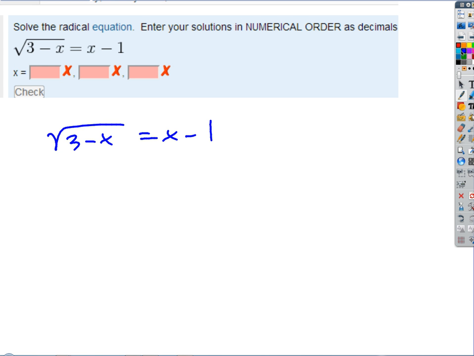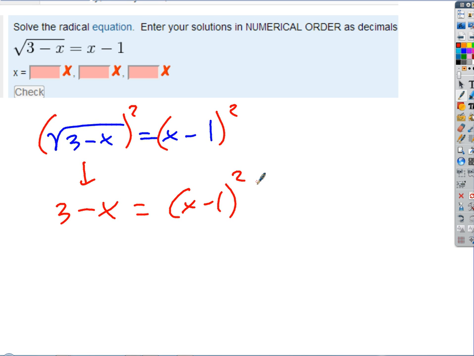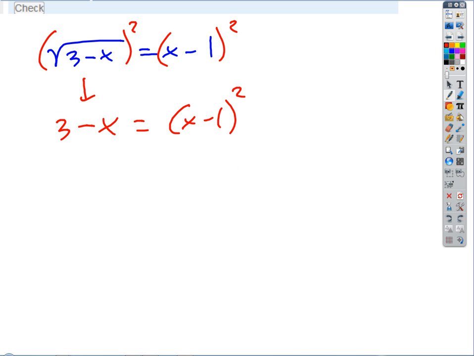I'm going to square both sides. What am I going to get over here? 3 minus x, right? If I square a square root, it undoes it. And over here I get x minus 1 squared. Now, to solve this equation, I have to expand that out, get everything on one side, and solve.